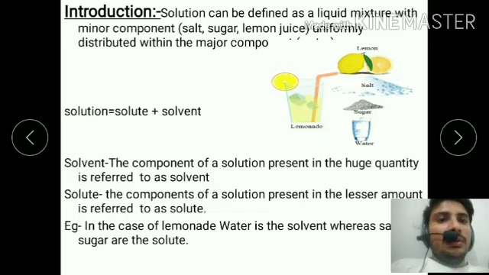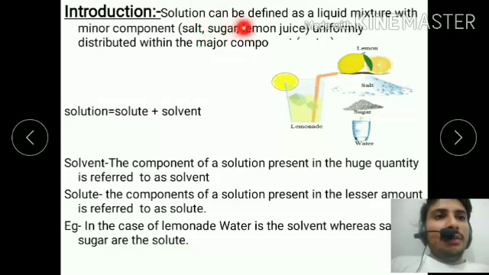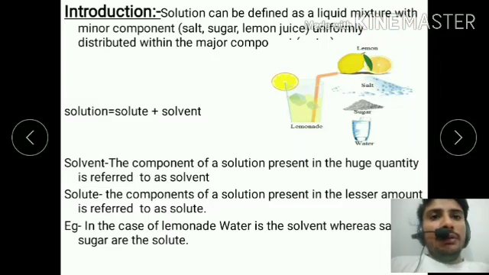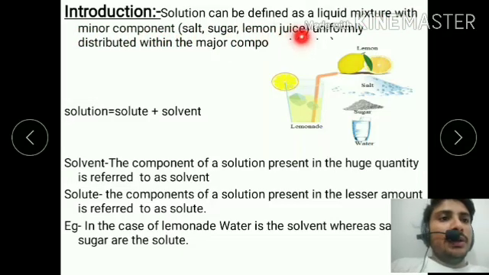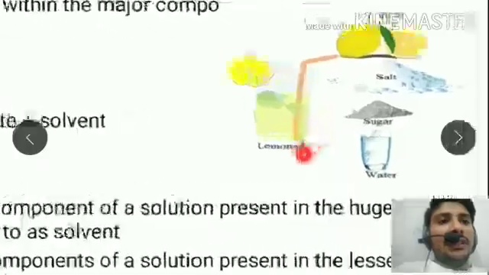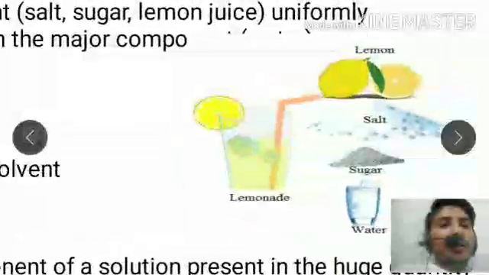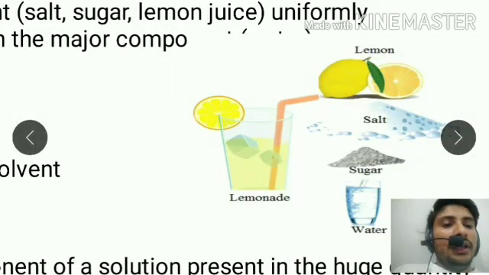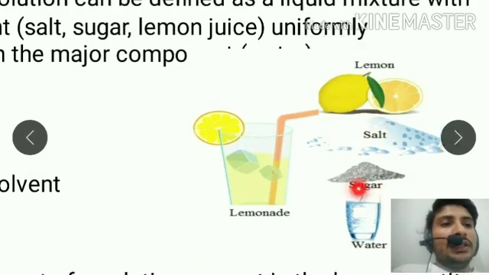See the definition of the solution. A solution can be defined as a liquid mixture with a minor component, such as salt, sugar, lemon juice, uniformly distributed within the major component, water. Look at this picture. This is lemonade. Lemonade is a mixture of solute and solvent. In this lemonade, the solutes are salt and sugar, and the solvent is water.